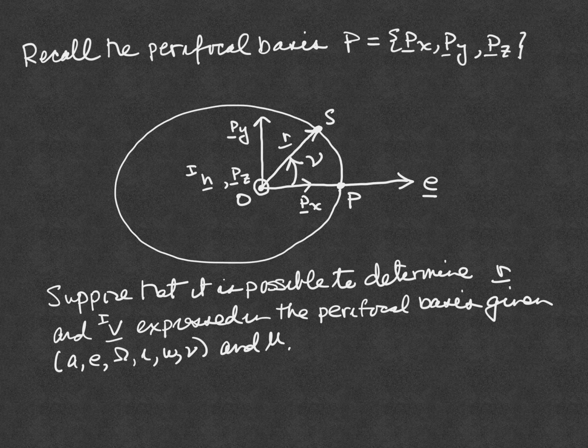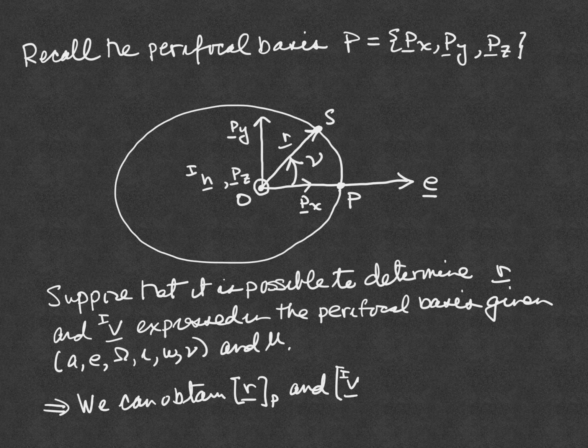In other words, if I'm given the 6 orbital elements and mu, if it's possible to determine r and v expressed in the perifocal basis, then that implies that we can obtain r expressed in P and the inertial velocity expressed in P.